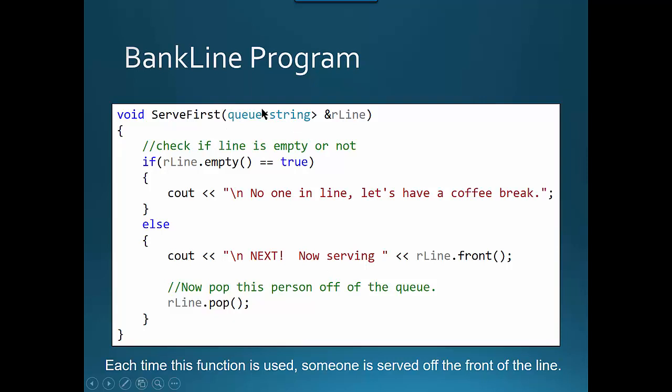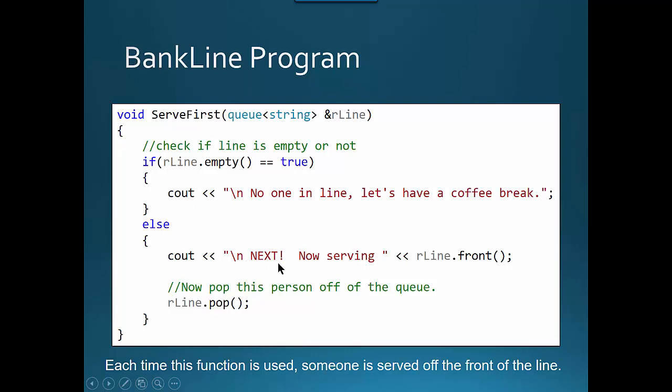The serve first function takes a queue as a parameter. And here, it checks. And you notice that the queue class has this empty function. So if you say rline.empty, it will return true if the line is empty. And if the line is empty, we're just going to tell the user, hey, there's no one in line, you can have a coffee break. Otherwise, if it's not empty, that means there's someone in there.